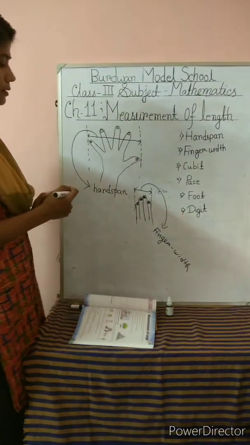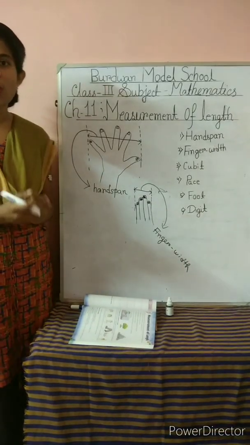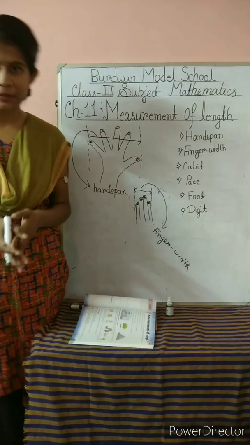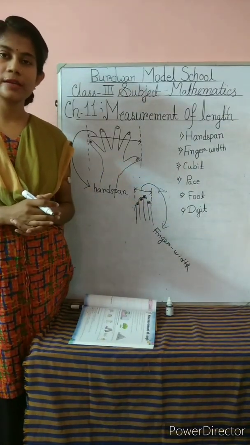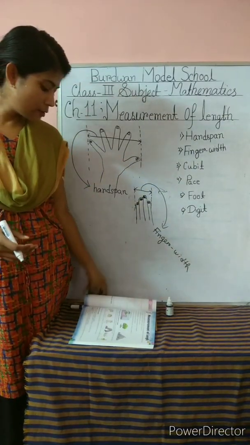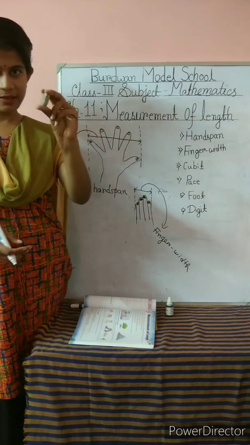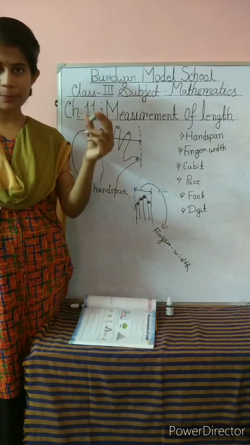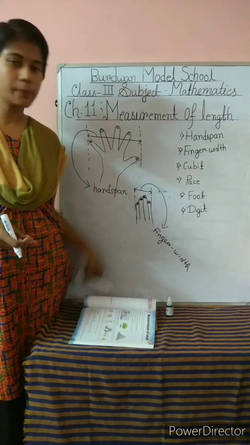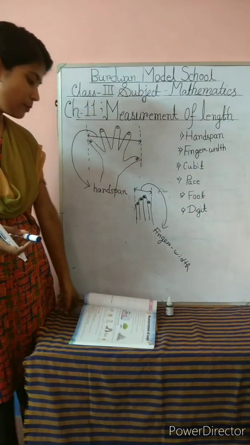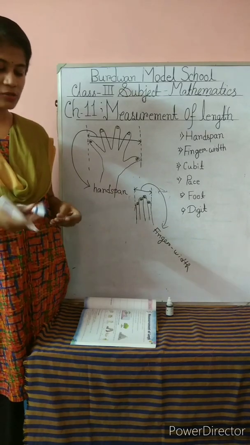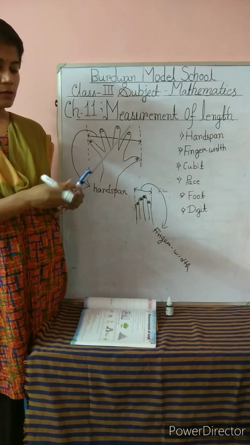And for measuring smaller units, we use centimeter, and for measuring longer units we use kilometer. Smaller units means this eraser, your sharpener, this pen, also your pencil. If you measure with your ruler, you can see it's not longer than your ruler.